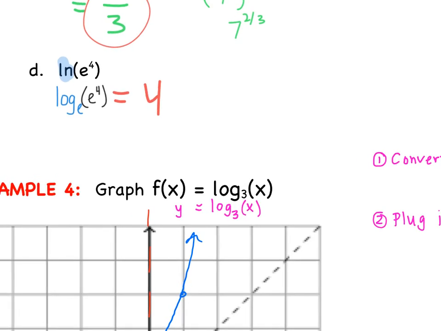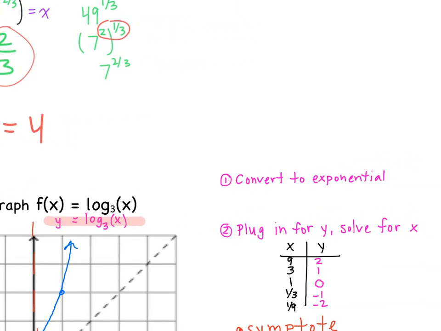The first thing I want to do, if we're in f of x notation, is change it to y equals log base 3 of x. Okay? So we're going to change that f of x to y. It's just going to make our lives a little easier. Then the first step is to convert this to exponential form.